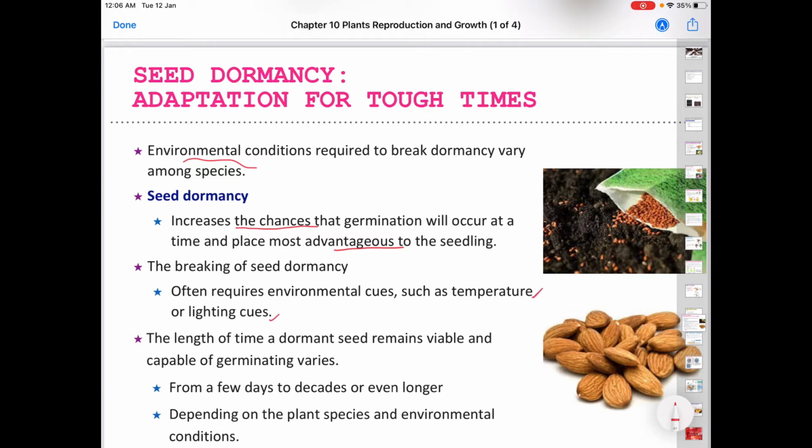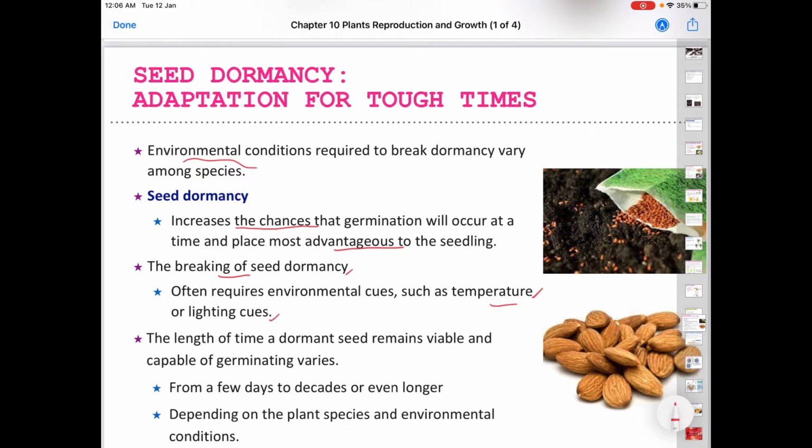So in the lab, for example, we can break this seed dormancy artificially, meaning we can expose them to a change in temperature, or maybe we can give them lighting in order to break the seed dormancy period.